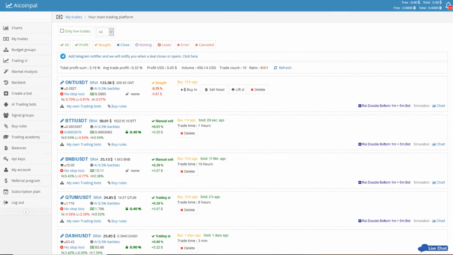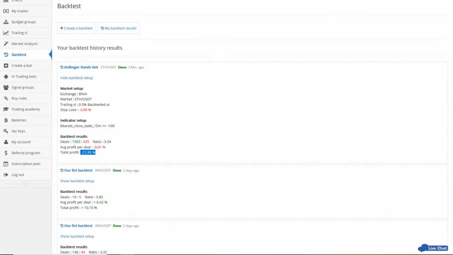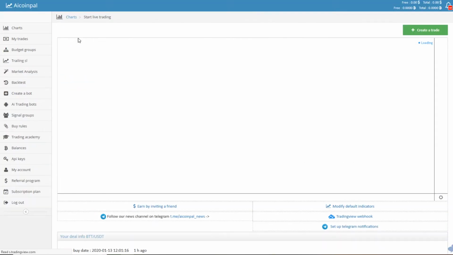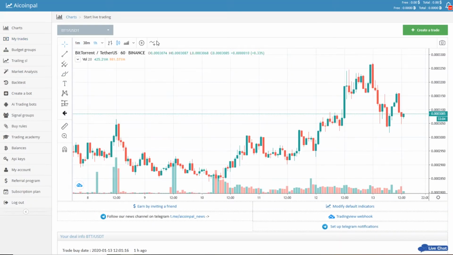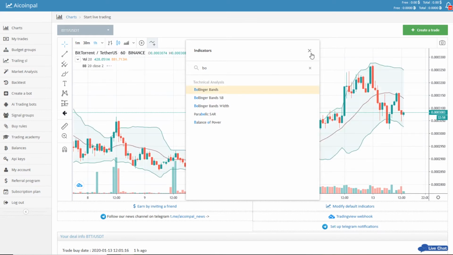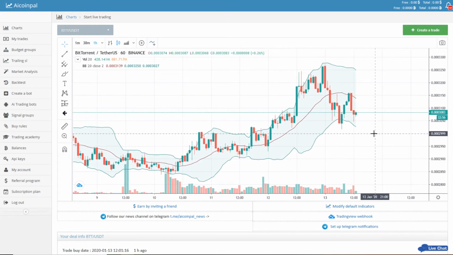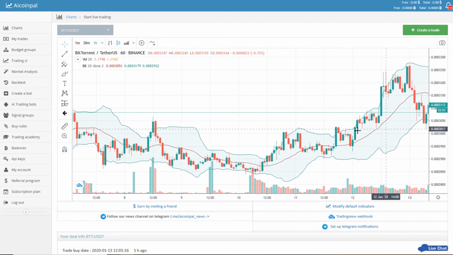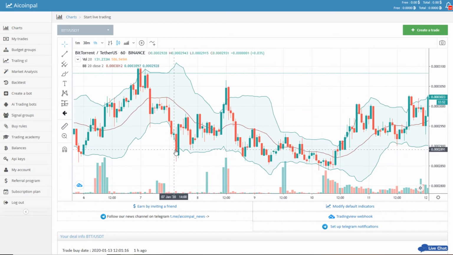So let's get back into the chart, and maybe we can figure out something. It decided to buy right here when the price touches, but the price still went down, and then we got the minus 3% stop loss hit.